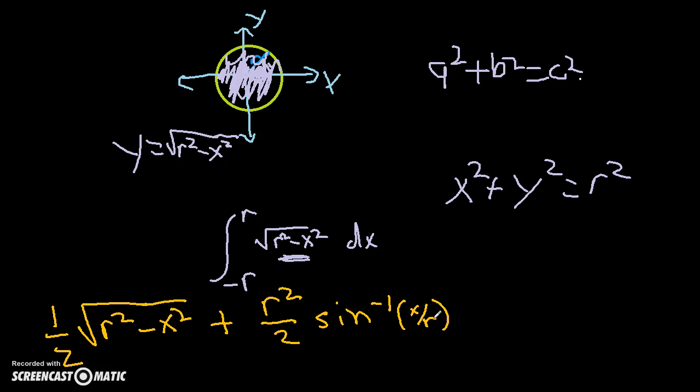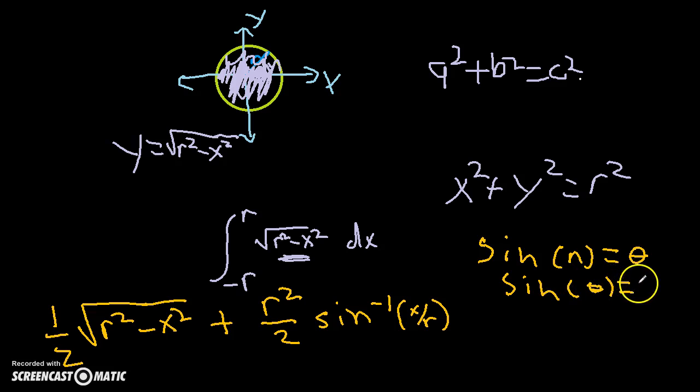Now, let's review. Remember the arcsine is just the inverse sine function. That means that the arcsine of n equals theta, where theta is an angle whose sine is equal to n. So it's kind of just taking the inverse.